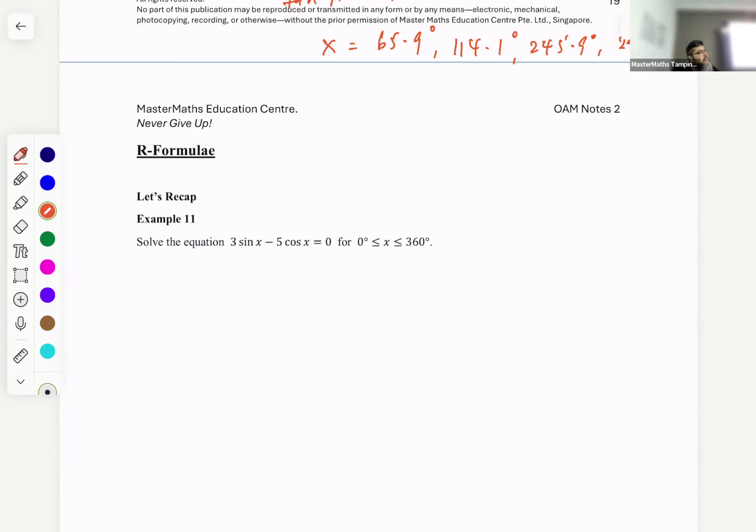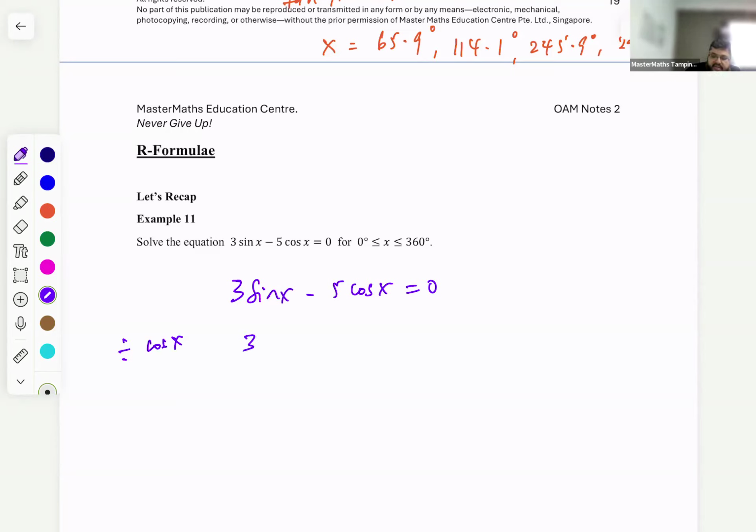Come, tell me. So you have something like this, and what can you do about this? So what I can do is that 3 sine x minus 5 cos x is now equal to 0. What I can do is that I can divide by cos x, so that I can get tangent x. Am I right or not?